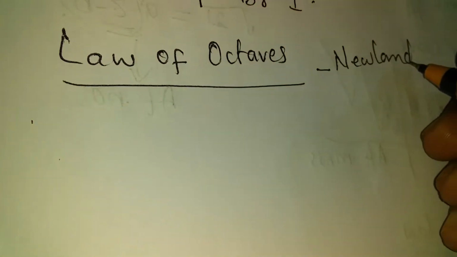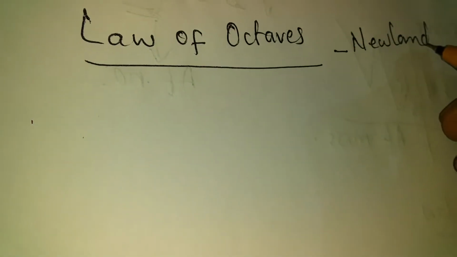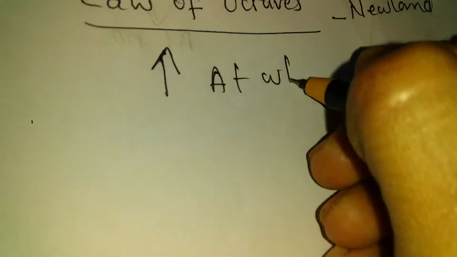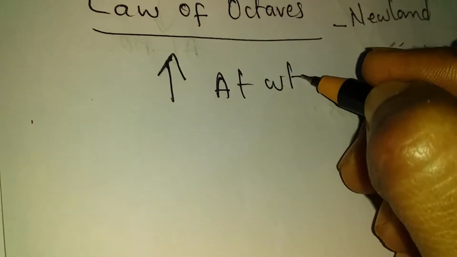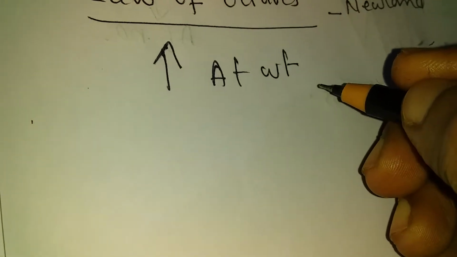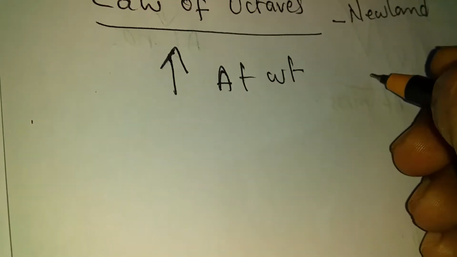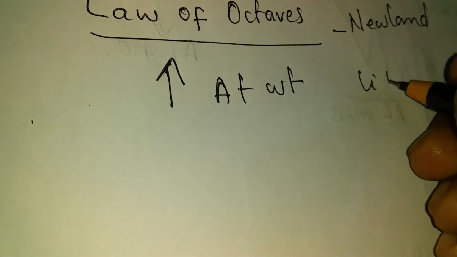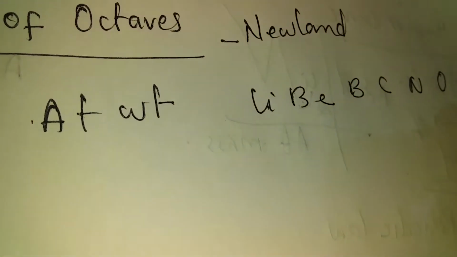What is the basis of the law of octaves? On the basis of increasing order of atomic weight of each element, he arranged the elements. How many elements did he arrange in a row? Actually, he arranged 7 elements, like lithium, beryllium, boron, carbon, nitrogen, oxygen, fluorine.